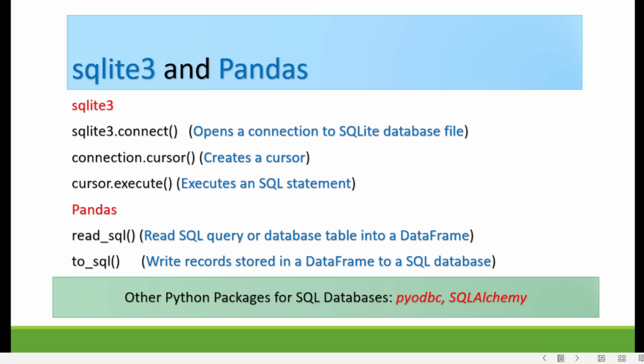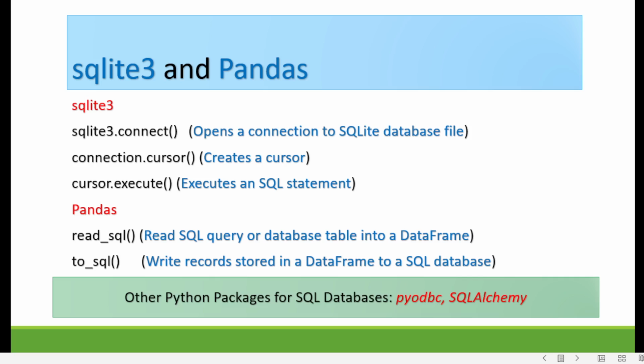Similarly, with Pandas, it is very easy to communicate with SQLite or any other database management system. The read_sql function queries a database file into a data frame, or you can also write a data frame to the SQL database.